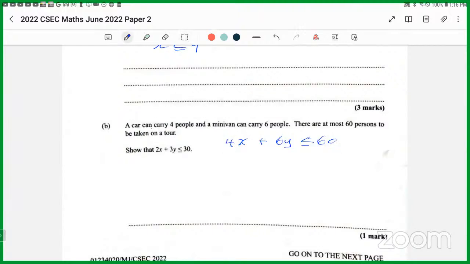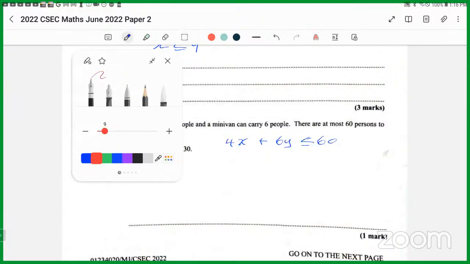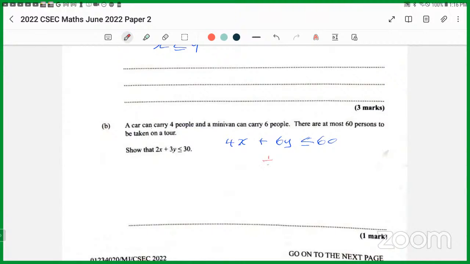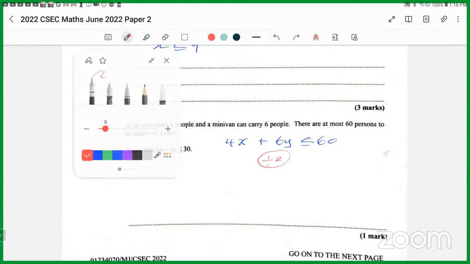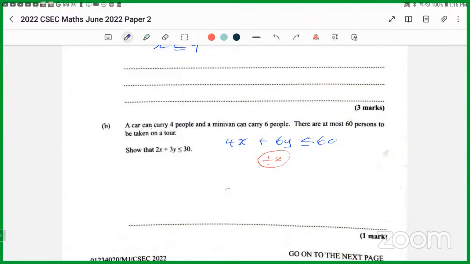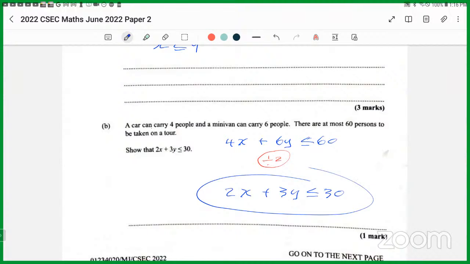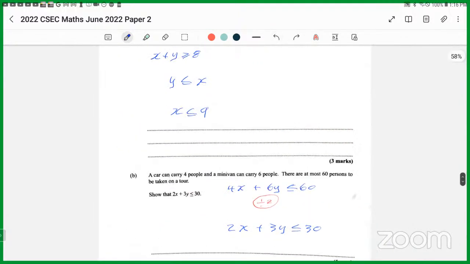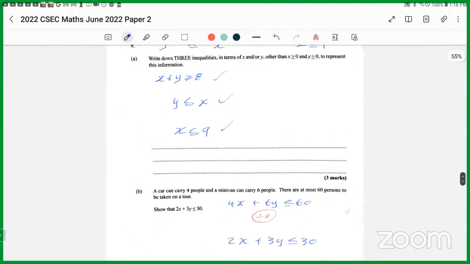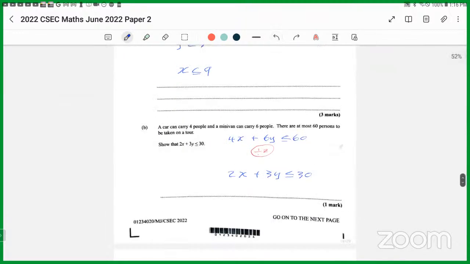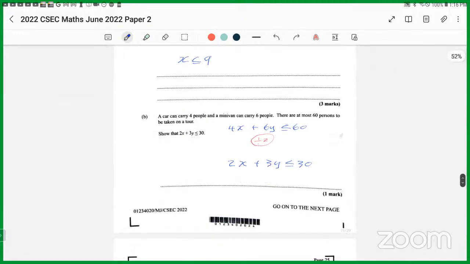Divide this by 2, and we get 2x plus 3y less than or equal to 30. That is the fourth inequality. What inequalities do we have so far? 1, 2, 3, 4. So we have 4 inequalities, so it's 4 lines.